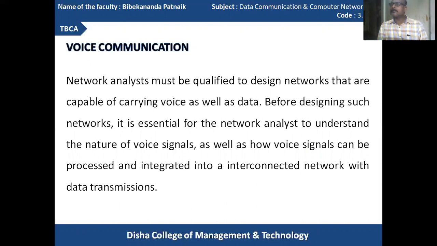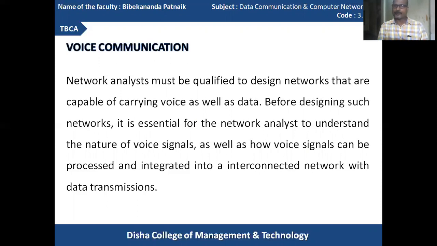Before designing these types of networks, it is essential for the network analyst or network designer to understand the nature of voice signals, as well as how the voice signals can be processed and integrated into an interconnected network with data transmission.